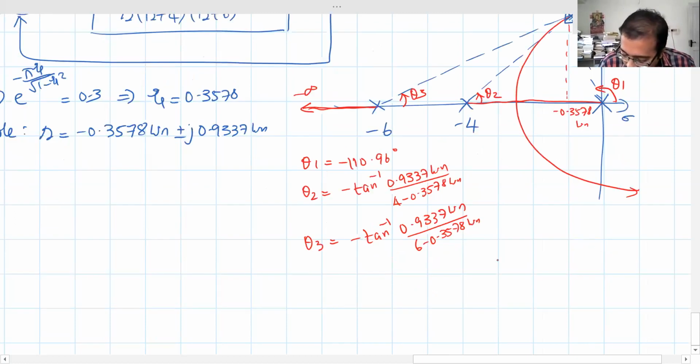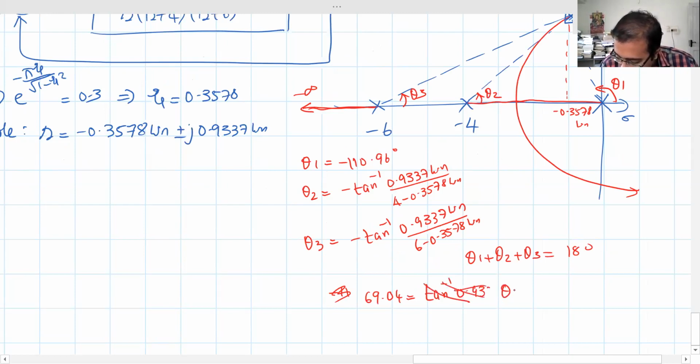So theta 1 plus theta 2 plus theta 3 must be equal to plus or minus 180. Substitute all these things, and you will get 69.04 equals tan inverse, or I will write in terms of theta 2 plus theta 3.